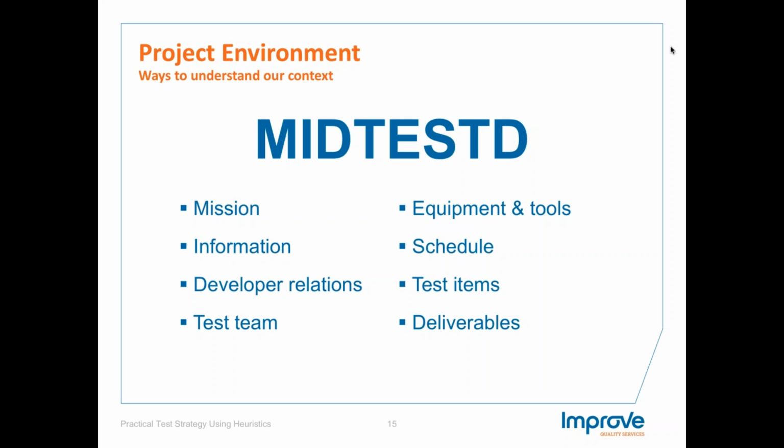Equipment and tools help me think about what environments do I have, what tools do I have, schedule, of course, how much I have, and when do people need it, what are we going to deliver on the project environments.